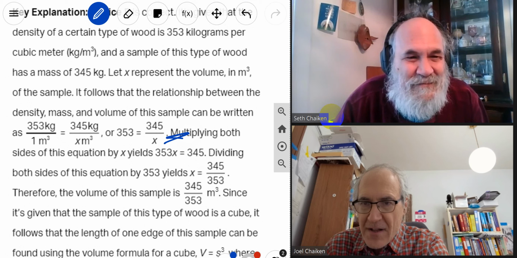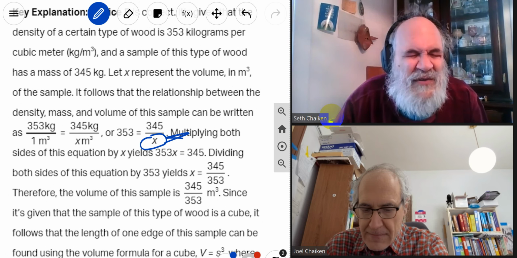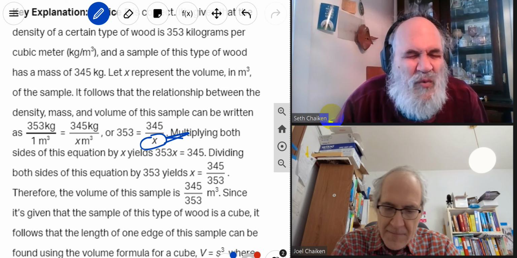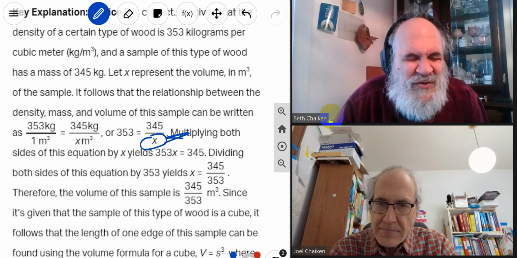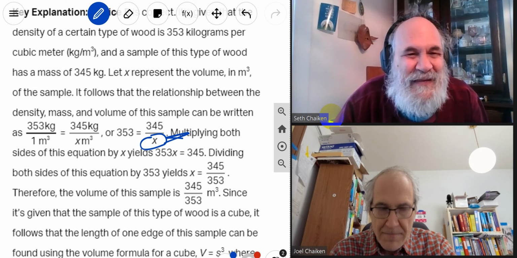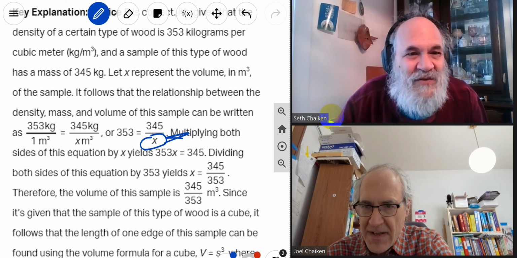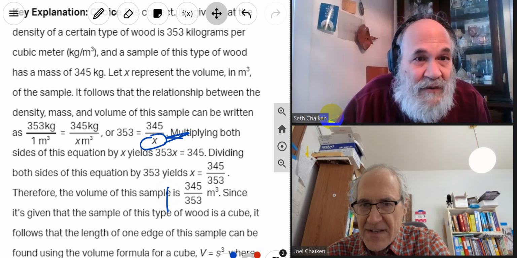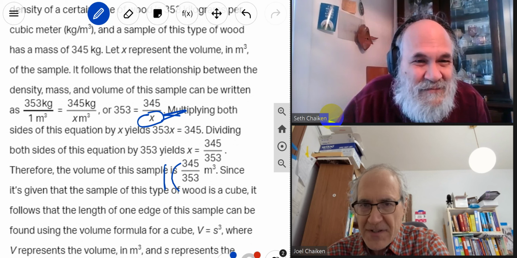X is the weight ratio, which is proportional to the volume ratio. Okay. Then the volume of the sample is this. They tell you the volume of the sample, then they want you to take the cube root of it.